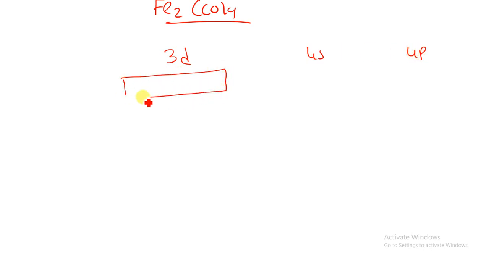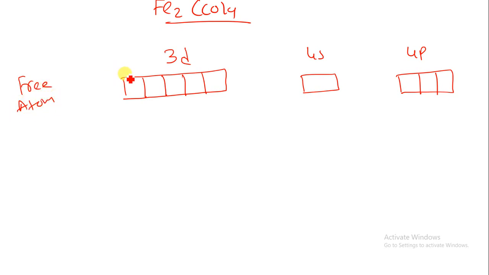So now let us draw Fe2(CO)9 once again. Again I am writing the 3d orbitals, then the 4s orbital, then the 4p orbitals: 3d, 1, 2, 3, 4 and 5, 4s and 4p, 1, 2 and 3. Here I have the free atom. Now Fe has the structure Ar 4s2 3d6.